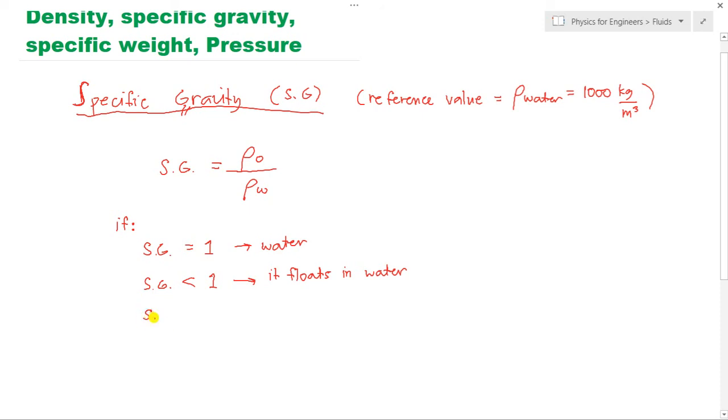How about if our specific gravity is greater than 1? Automatically, it sinks in the water. An example is mercury, Hg. Take notice that for mercury we use the specific gravity.